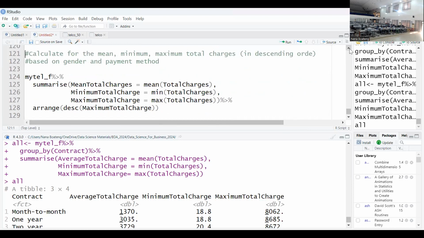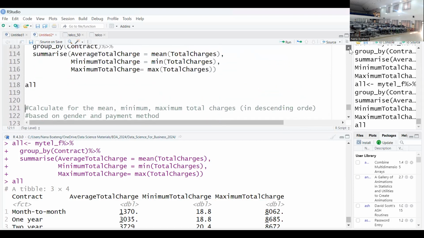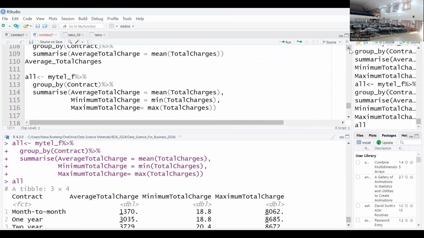I went to the one we did previously. Okay, this one. So we took data from the Mindtel, and then we grouped by the kind of contract, and then we did a summary of the average total charge, the minimum total charge, and maximum.